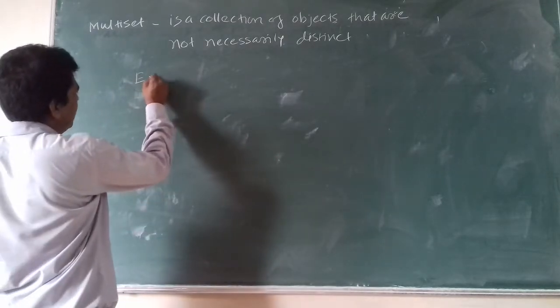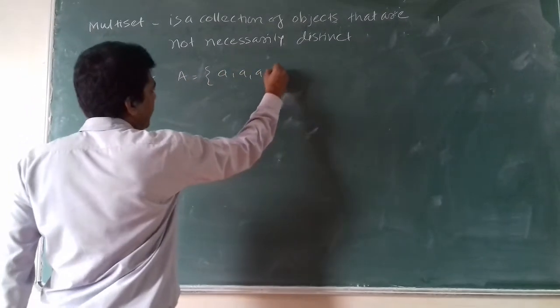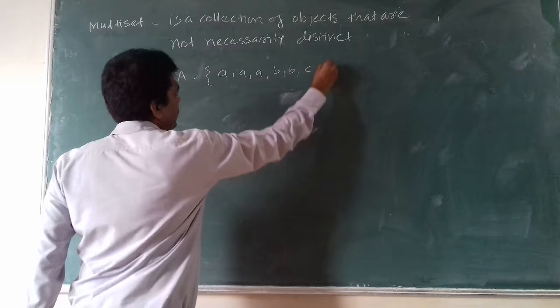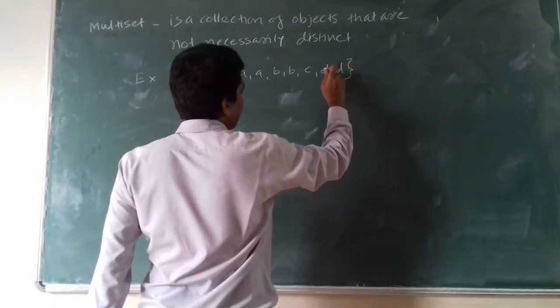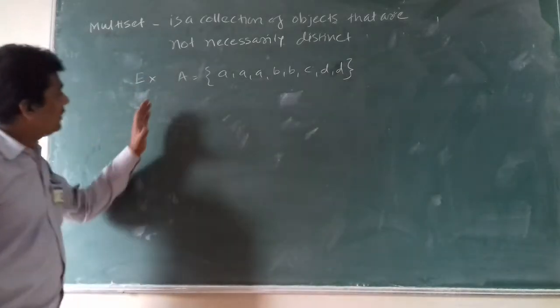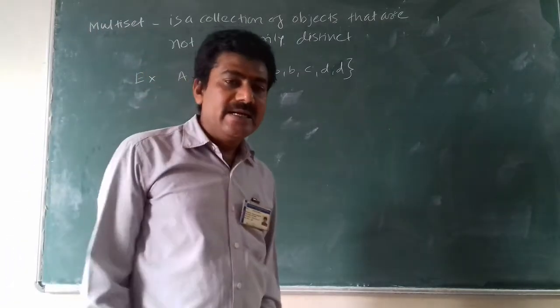As an example, A is a set with the elements A three times, B twice, C, and D two times. Right? So this is the situation. Such a set is termed a multiset, a collection of objects that are not necessarily distinct.